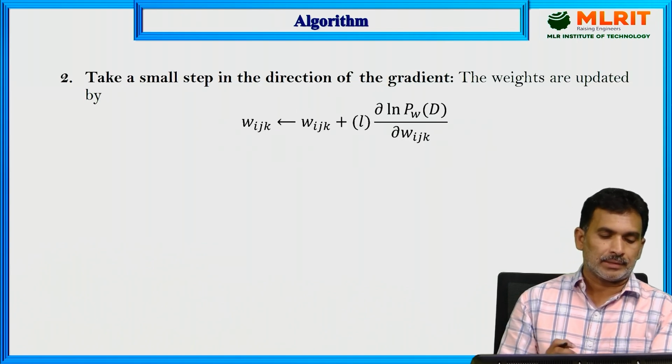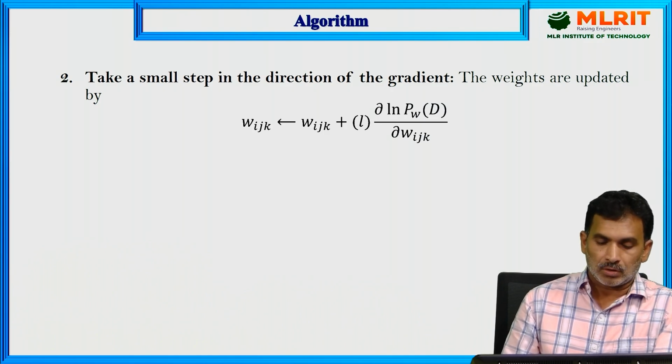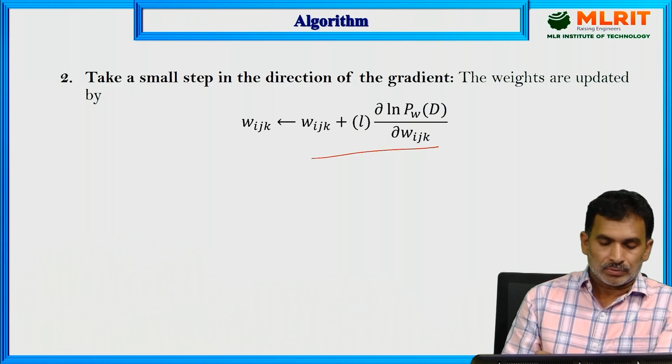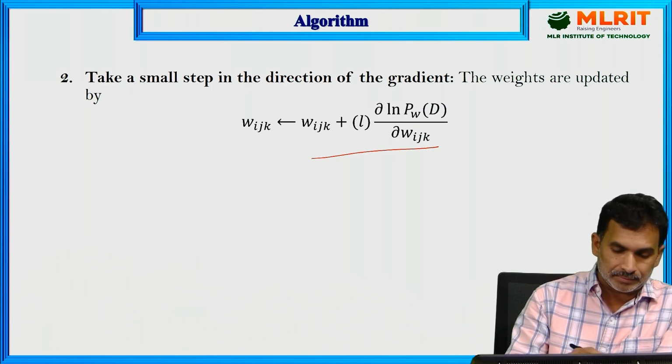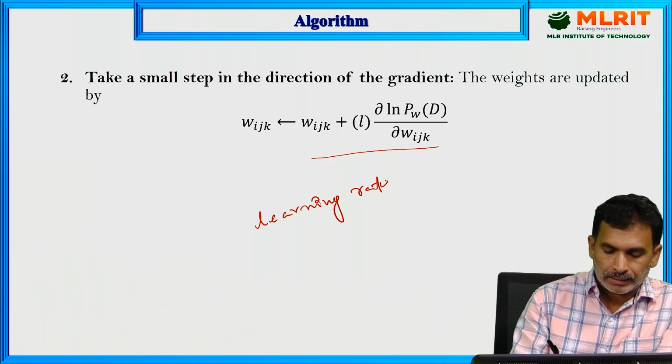The second step is to take a small step in the direction of the gradient. The weights are updated. How are the weights updated? By using this equation here. Here L stands for the learning rate.